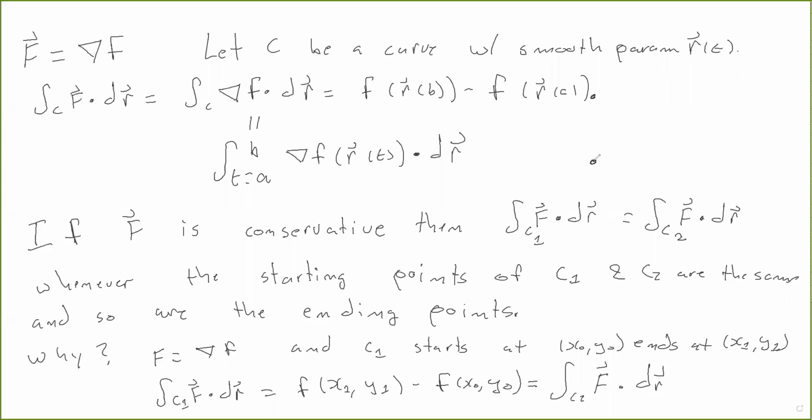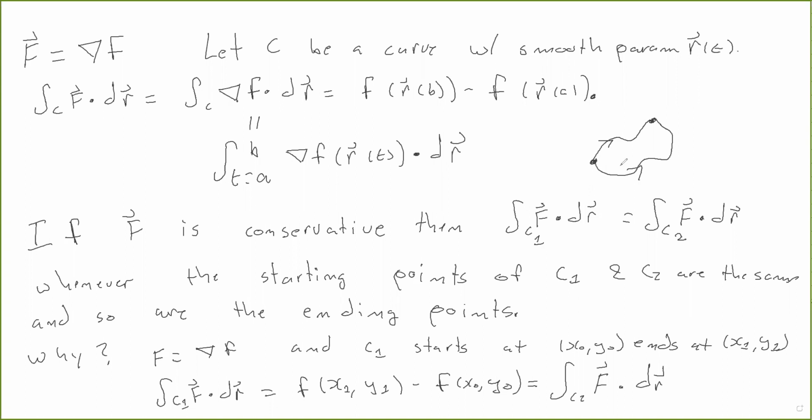So if this is x0, y0, and this is x1, y1, and you're integrating F along this path, or you're integrating F along this path, if F is conservative, then the line integral along this path is going to be the same as the line integral along this path, as long as they're both oriented in the same direction, starting from the same point and ending at the same point.